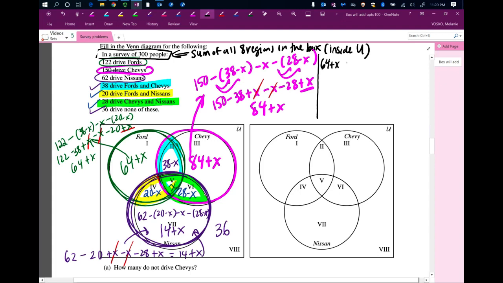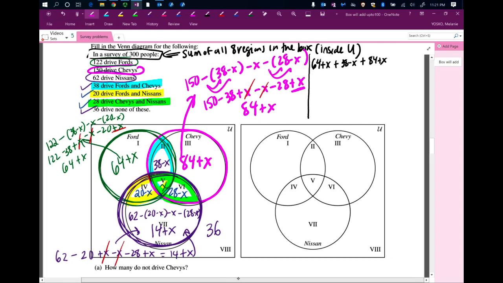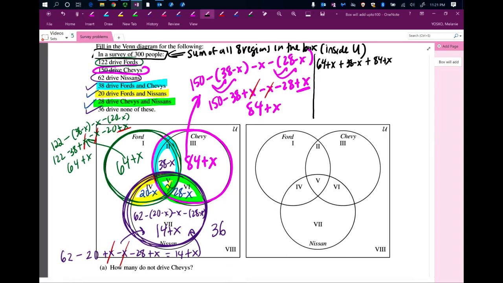So we're going to do 64 plus x plus 38 minus x plus 84 plus x. Do you see where I'm doing this? 64 plus x, 38 minus x, 84 plus x. So I'm just adding these up. And I'm going to do these 3 regions and this region and this region. Okay, so plus 84 plus x. So now I'm at plus 20 minus x.